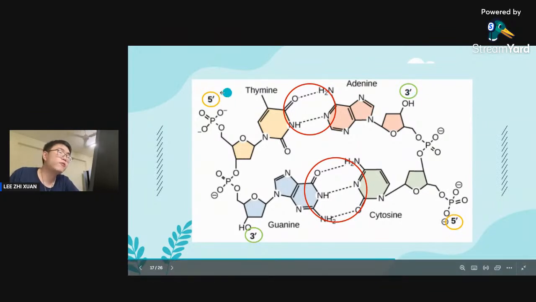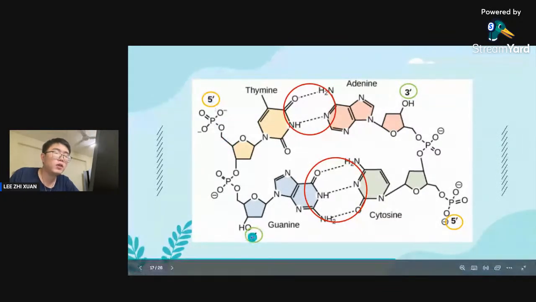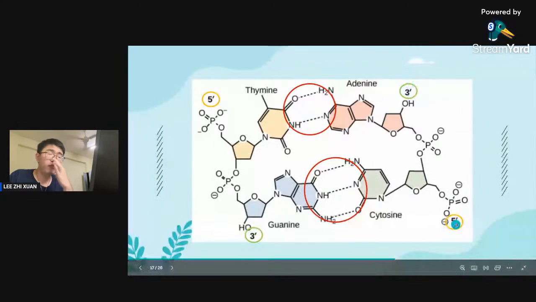So what does this 5 and 3 mean? This one is carbon number 1. This one will end with carbon number 5, and this one ends with carbon number 3. So automatically it is anti-parallel. The upper one ends with carbon number 3 and the lower one ends with carbon number 5.